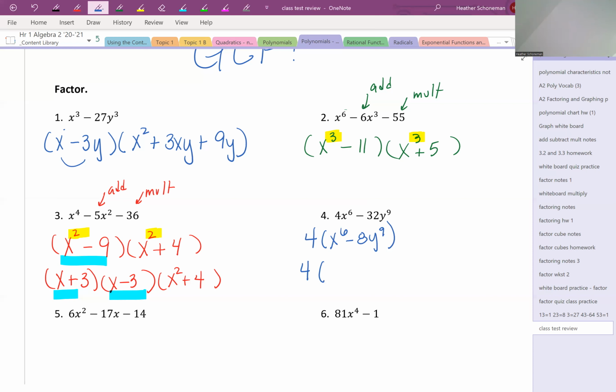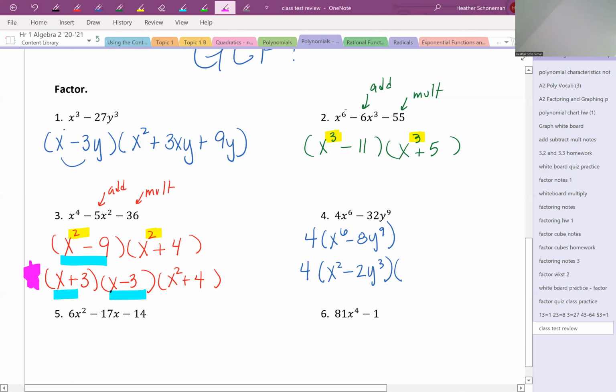So my 4 comes straight down because I always write the greatest common factor. The cube root of x to the 6th is x squared because I'm dividing my exponent by 3. The first sign matches. The cube root of 8 is 2. The cube root of y to the 9th is y cubed because I do 9 divided by 3, which is 3. Okay. With squares, which we just did over here, the parentheses match.